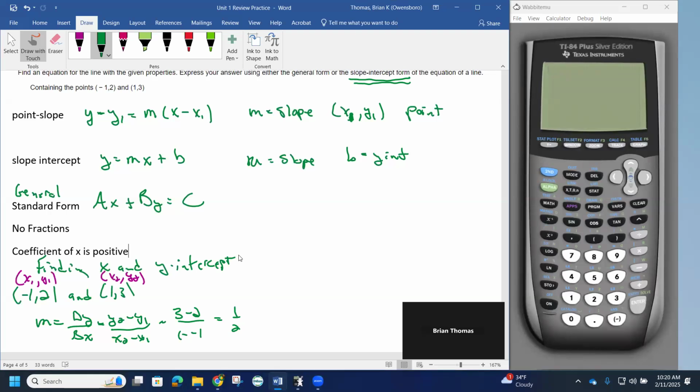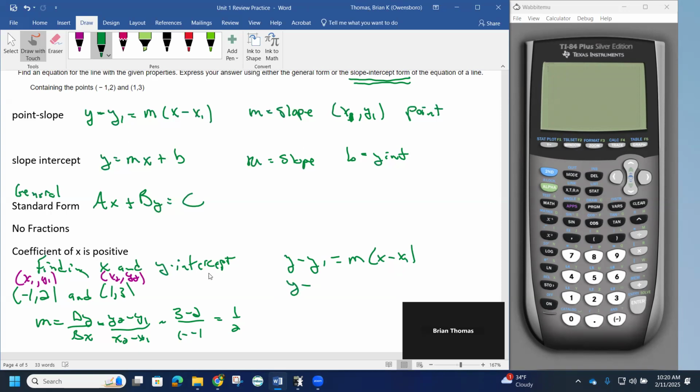Now, to create an equation, the point-slope form can be used to create an equation of a line. Since I have the slope, all I need is 1 point. Since we've already declared (-1, 2) as (x1, y1), we can just substitute that into our formula: y minus y1 equals m times x minus x1. I replace y1 and x1 with the ordered pair, and m is the slope.